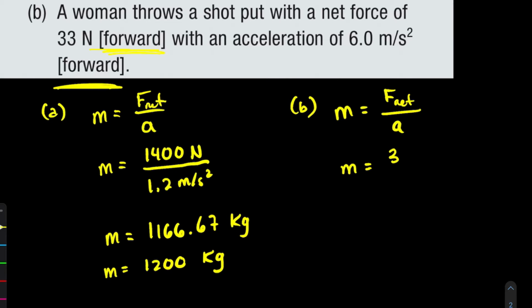Oh, I got too ahead of myself. The question read, a woman throws a shot put with a net force of 33 newtons forward with an acceleration of 6 meters per second squared forward. So the net force will be 33 newtons and the acceleration is 6. So we roughly get the mass to be 5.5 kilograms.